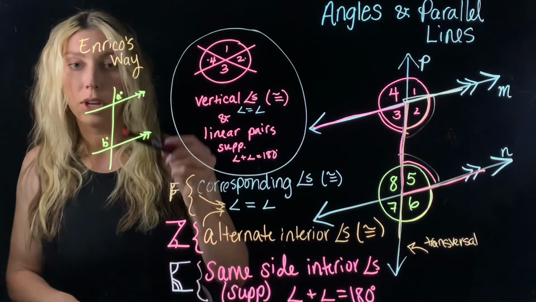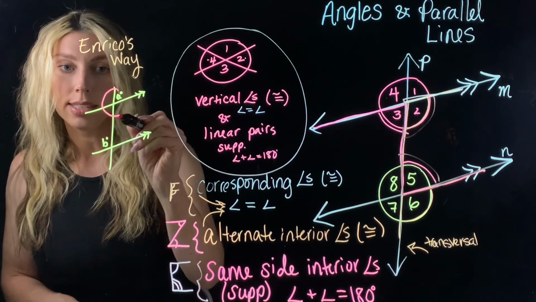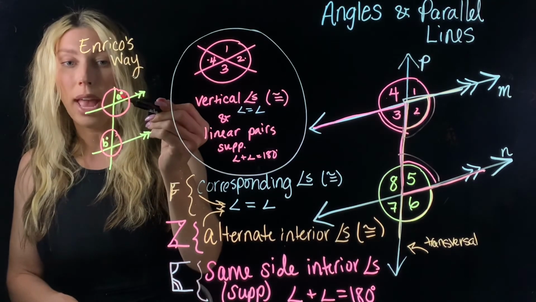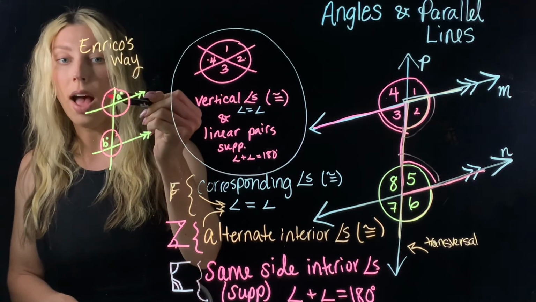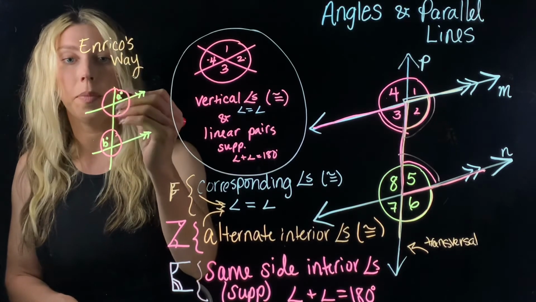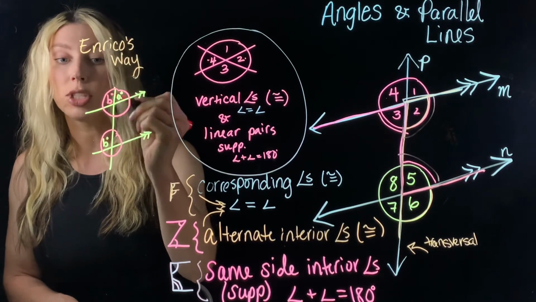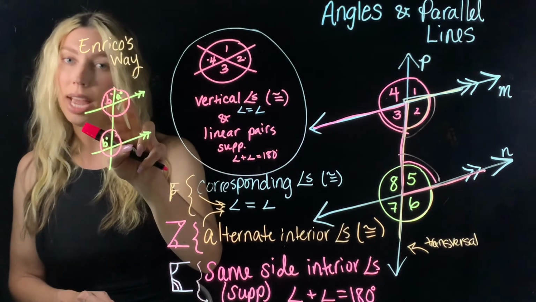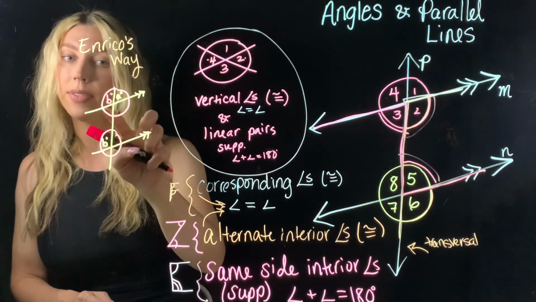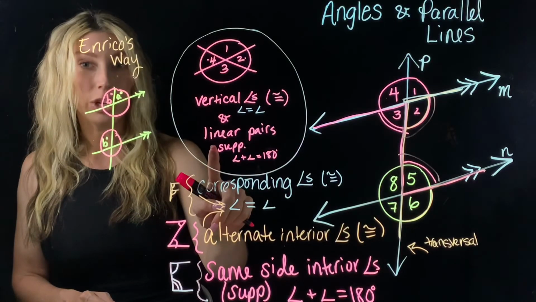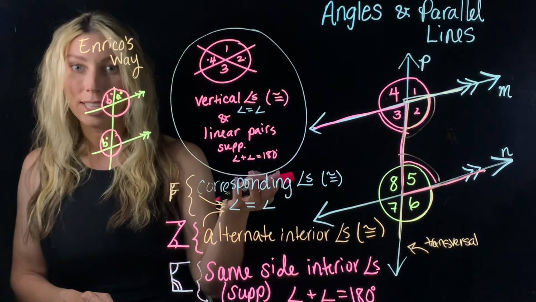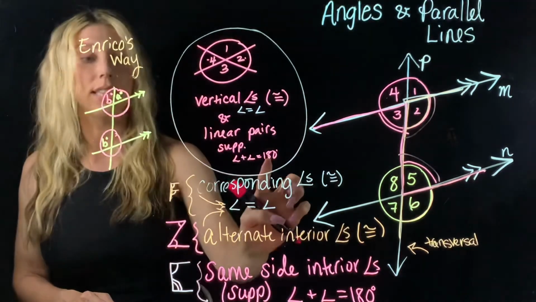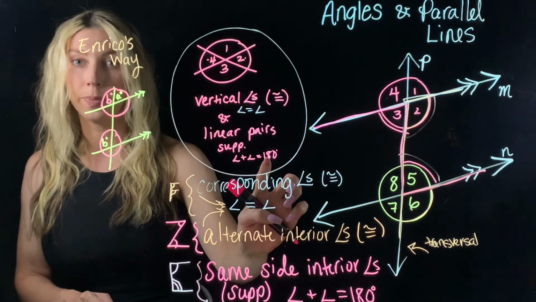However, what Enrico would do is look at your two intersections and simply move either angle A down or angle B up. I'll move angle B up this time to its corresponding location. And now you can see that they're next to each other, that they form half of a circle, that they make a linear pair. So you would be able to set this problem up by saying that this angle plus this angle is equal to 180 degrees.